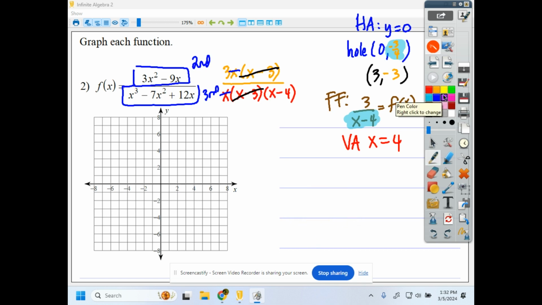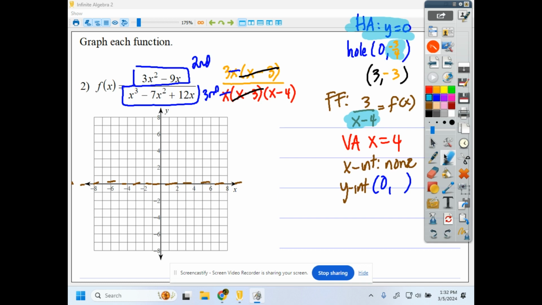Now, for us to find the x-intercept, we look at the numerator. It so happened that y equals 0 is our horizontal asymptote. There should be no graph right here. So if there's no graph there, that means there should be no x-intercept. How do we find the y-intercept? We're going to put 0 in the x value. If you plug in 0 here, that is the same thing as the hole there.